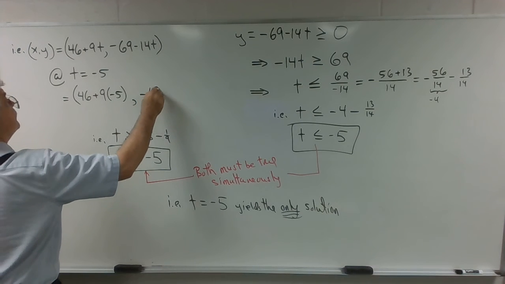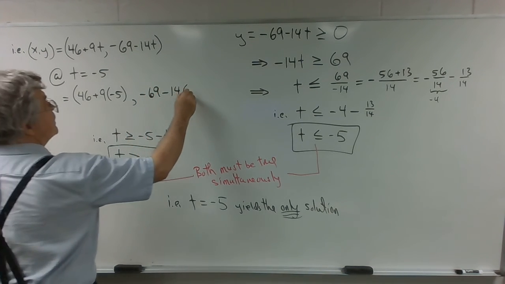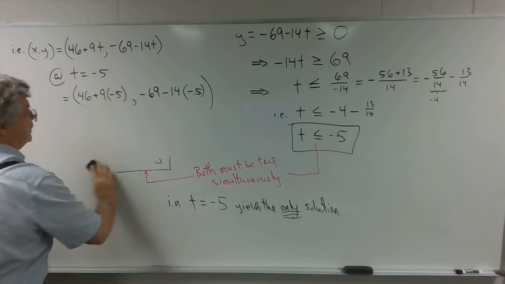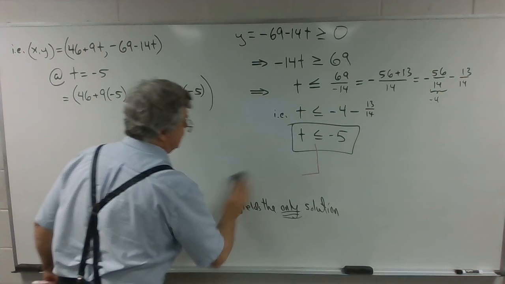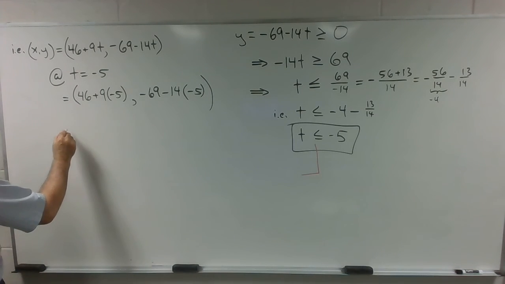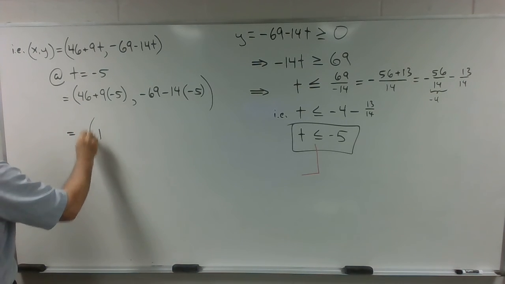And negative 69 minus 14 times negative 5. Let's see, 46 minus 45 is 1.